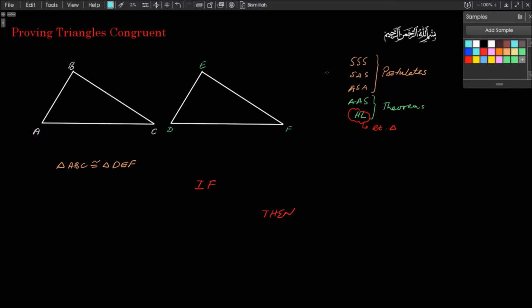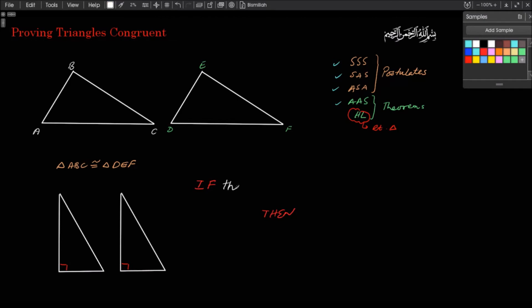Okay, so far we have the side, side, side triangle congruence postulate, the side, angle, side postulate, the angle, side, angle postulate, and the angle, angle, side theorem. And finally, we have hypotenuse-leg. The last one is special, because this is the only one that has to do with right triangles. This is a special case.